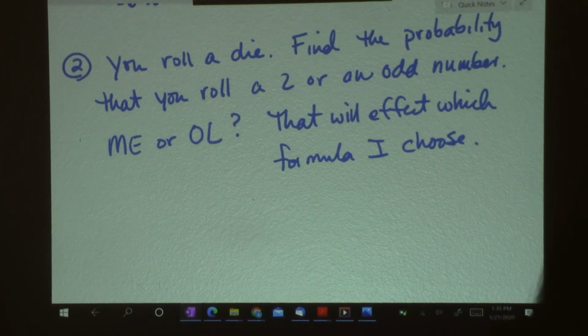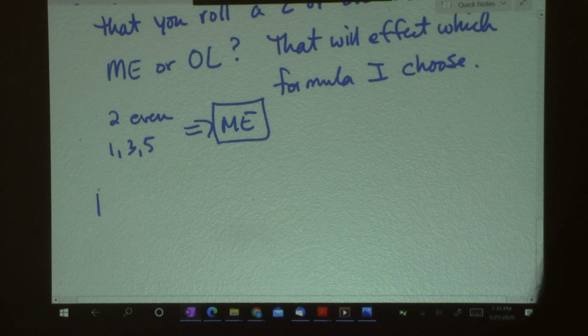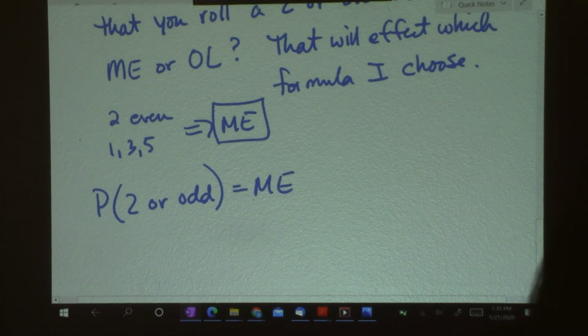If I roll a 2, that is 2 is even. And odd numbers are 1, 3, and 5. So it has to be mutually exclusive. Okay? So that means I'm just going to add them together. So the probability of 2 or odd is mutually exclusive.